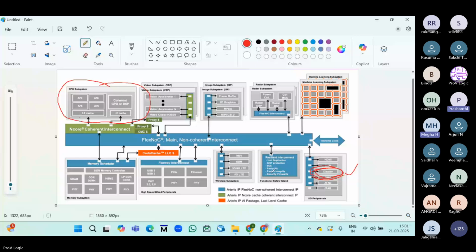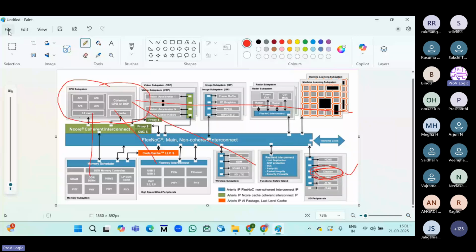Communication within the processor is inter and outside the processor is intra. So if you do the communication within this SoC, within this system on chip, that means processor to memory, processor to IO peripheral, processor to some other processor, if you do the communication within a chip, that's what we call inter-system communication.